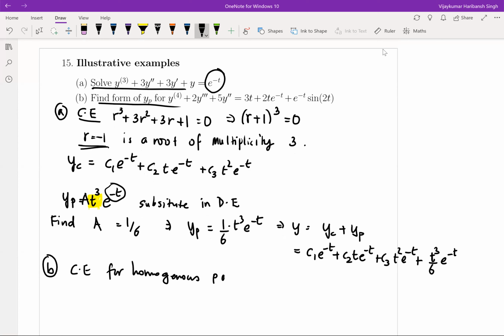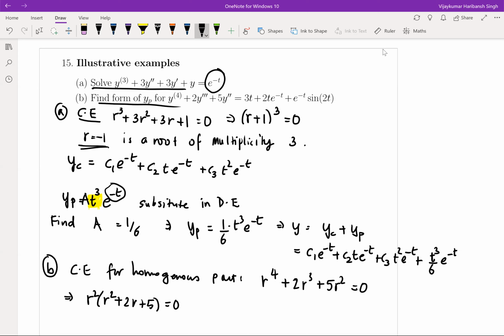Homogeneous part, we get r to the power 4 plus 2r cubed plus 5r squared equals 0. This gives us r squared times (r squared plus 2r plus 5) equals 0.